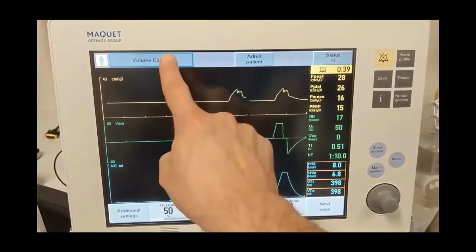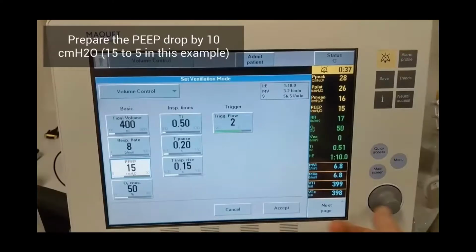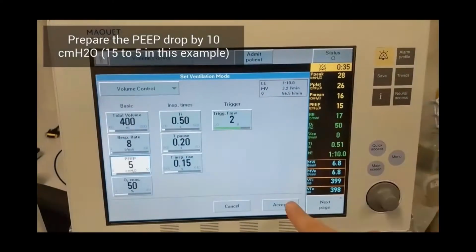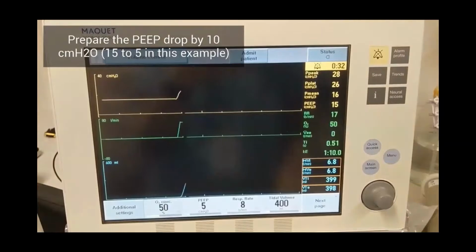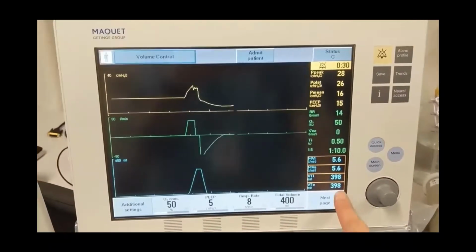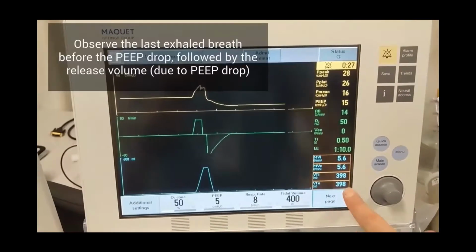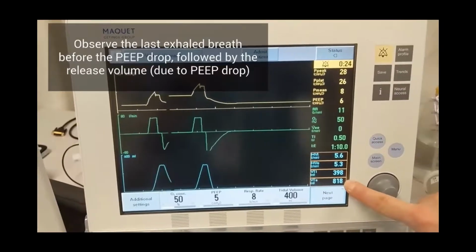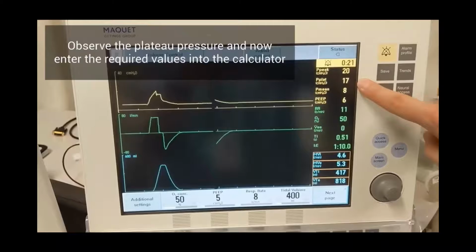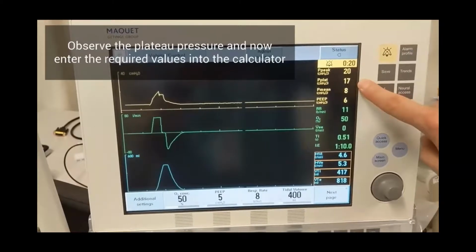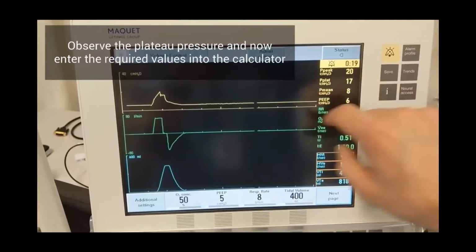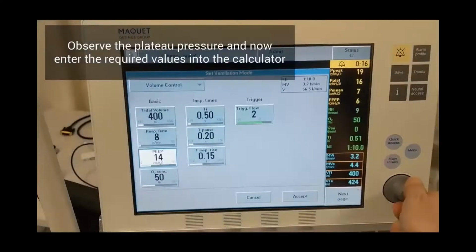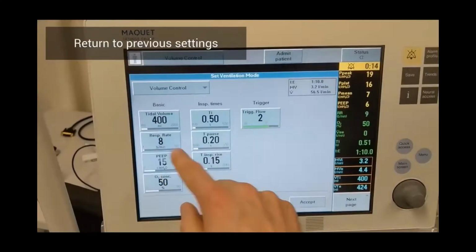Prepare for a PEEP drop of 10 centimeters of water. In this example, we're going from 15 down to 5. At the end of this breath, observe the exhaled tidal volume, 398, and then keep watching for the exhaled release volume, which is 818. Also, look at the plateau pressure and enter all of these values into the calculator as instructed. Return back to your previous settings.